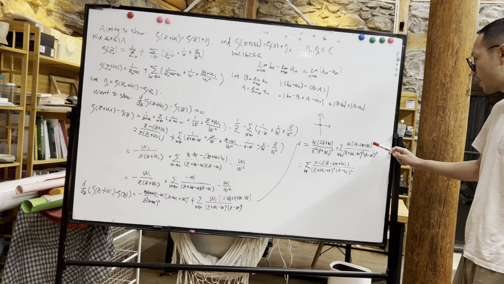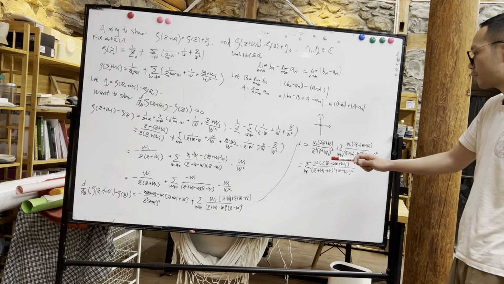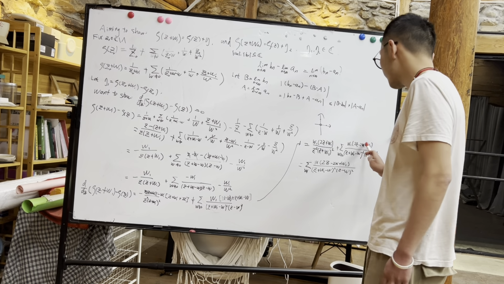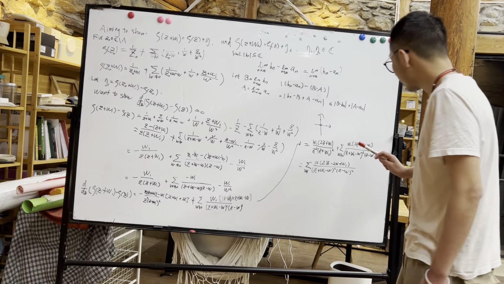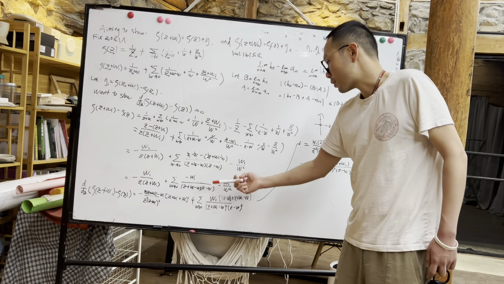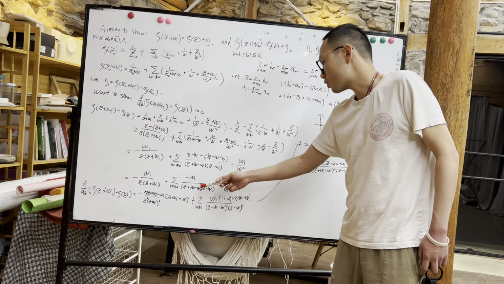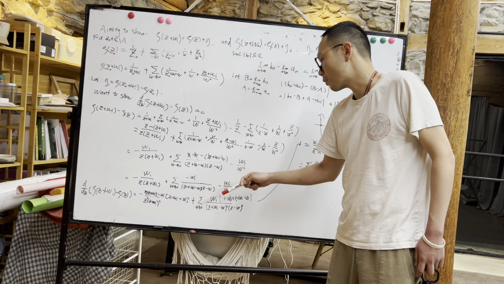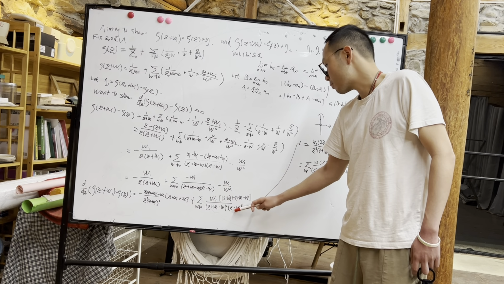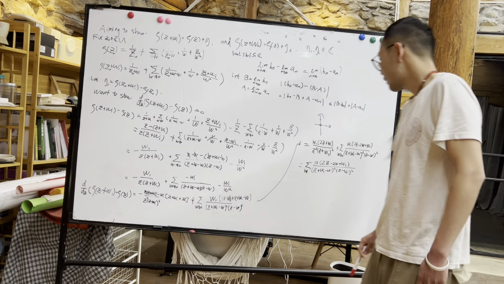We also collect the z terms, and then this minus 2 omega plus omega 1, after taking the derivative, right? Because the power is to the -1 power, after applying the chain rule, it becomes that.